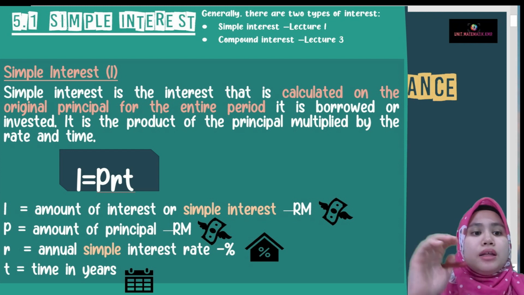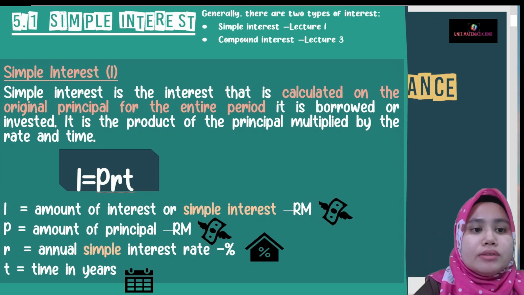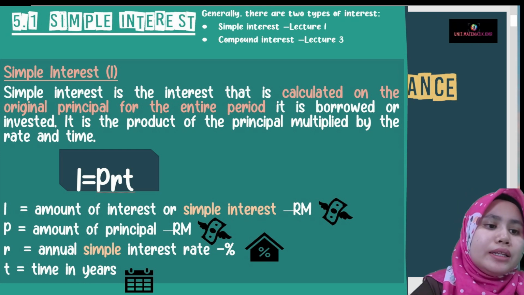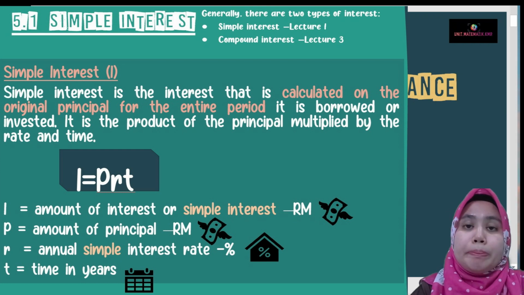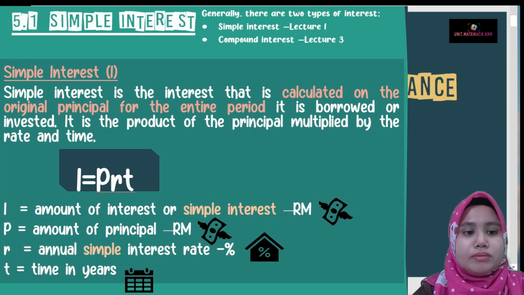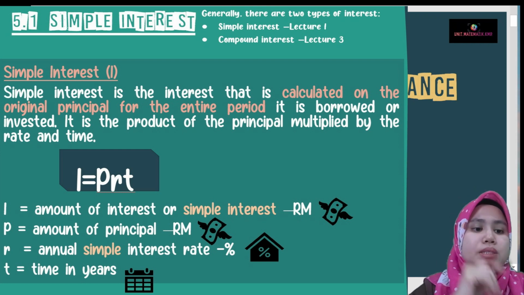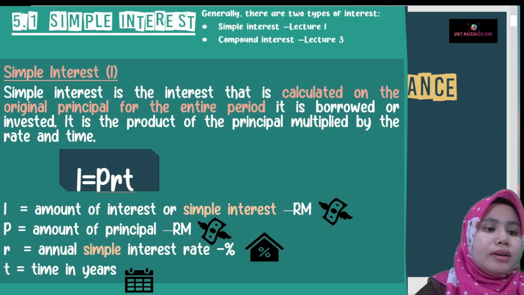It is the product of the principal multiplied by the rate and time. So here is our formula: I is equal to PRT. Let's look at the unit for each term. What is I?